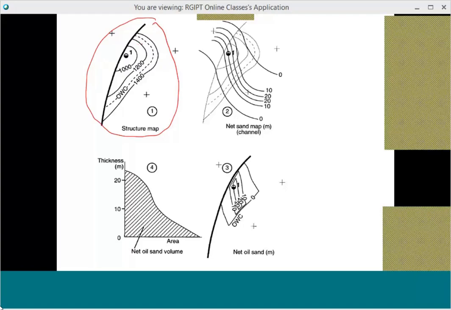Now let's say in this area the sand is filled in a channel, and only the channel filled sand is your reservoir.